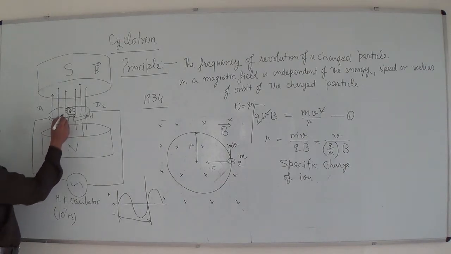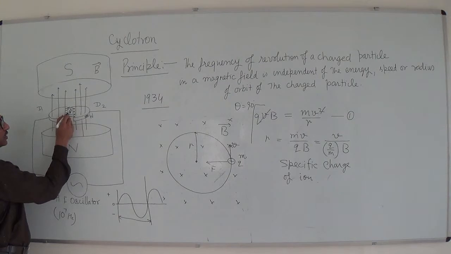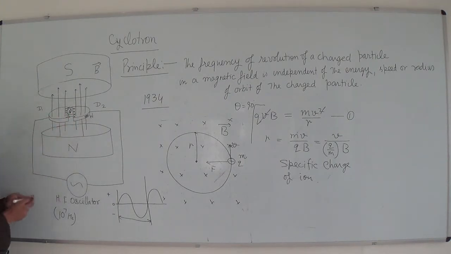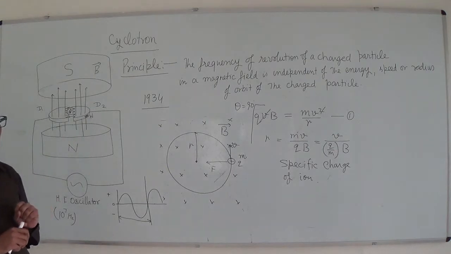As soon as this ion enters into the D, it follows a circular path. Why a circular path? Because inside the D there is no electric field.